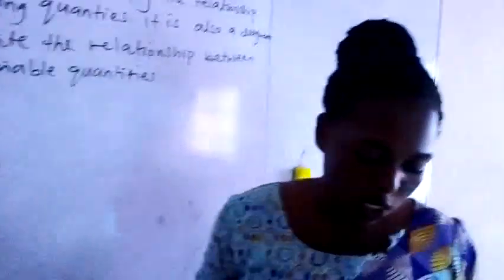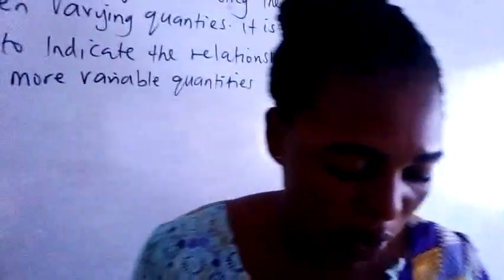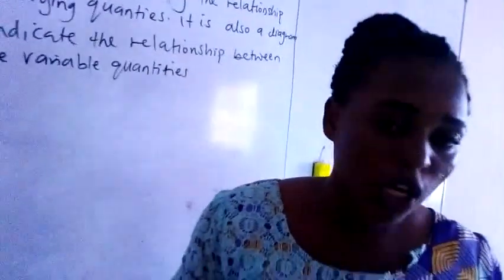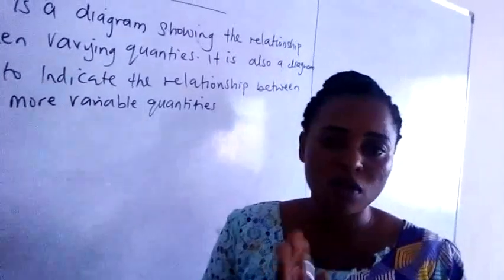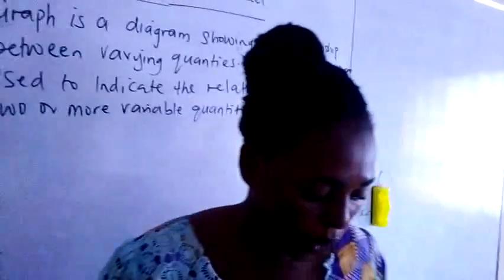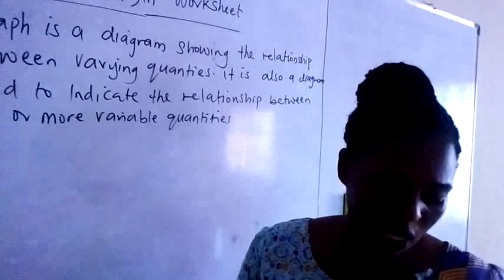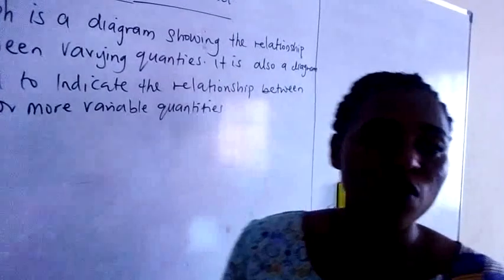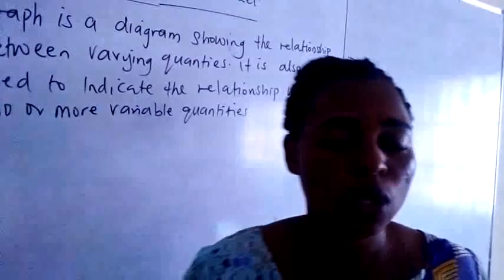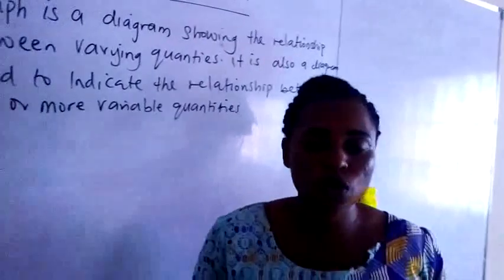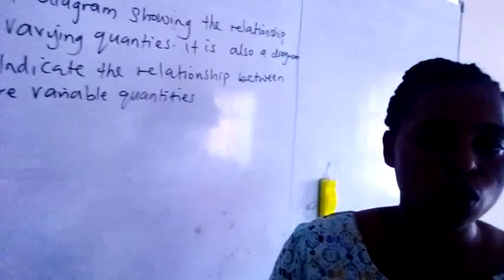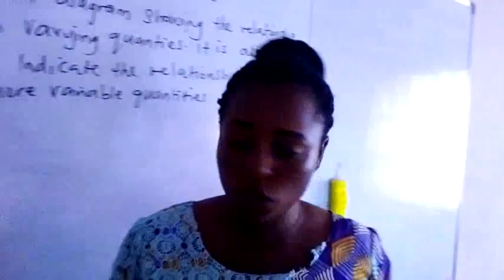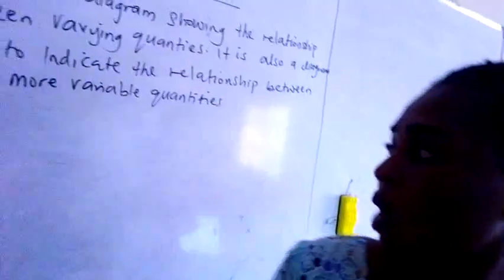Number 4, it is used to compare variables in a table. And number 5, it is used in enhancing results or report presentation. Those are the uses of graphs. Let's go forth as we put down the uses of graphs.